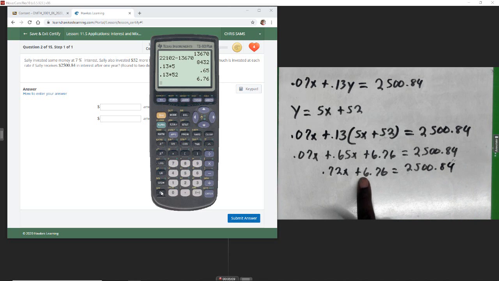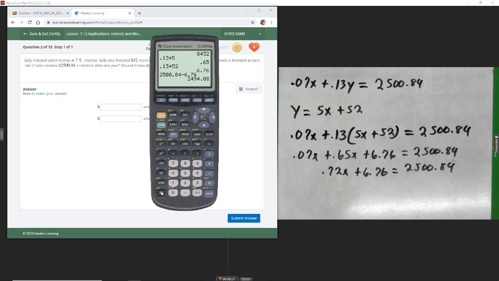All right, so now we're going to subtract the 6.76 to get the x term by itself. So we're going to do 2,584 minus 6.76. Gotta be careful.